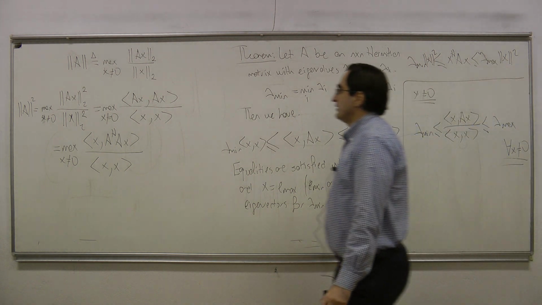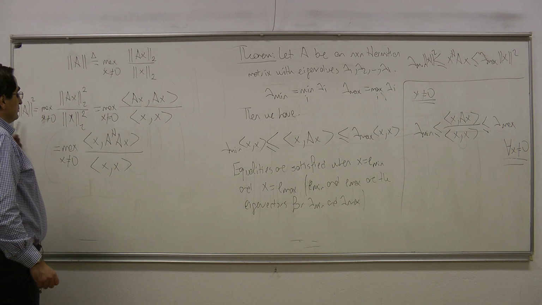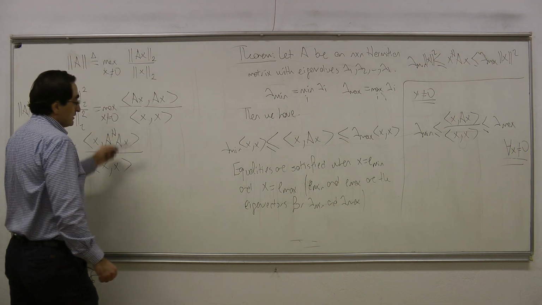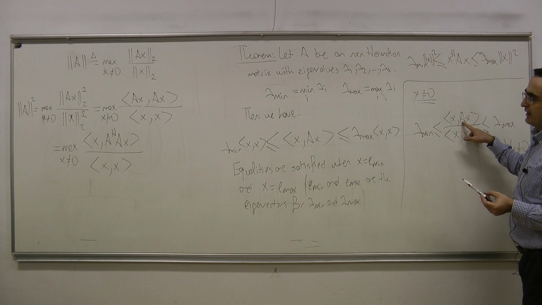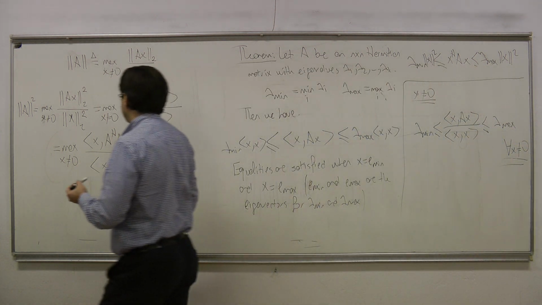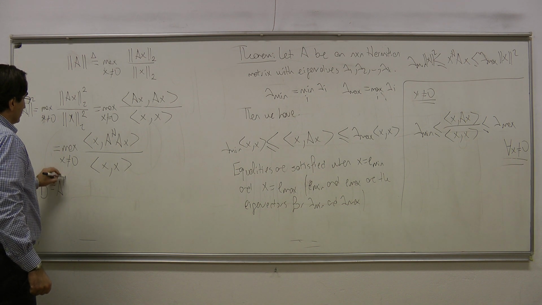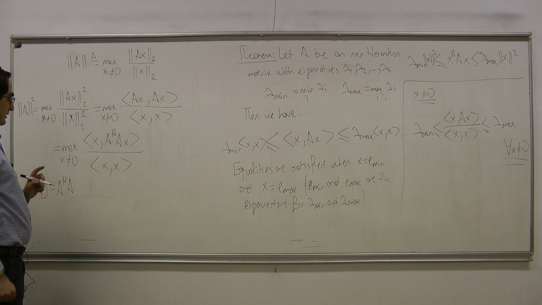So you see that here I have obtained the induced norm square with a very similar expression to this one. And instead of A here, I have A Hermitian A. Okay? So if I define the matrix B equal to A Hermitian A, what can you say about such a matrix?